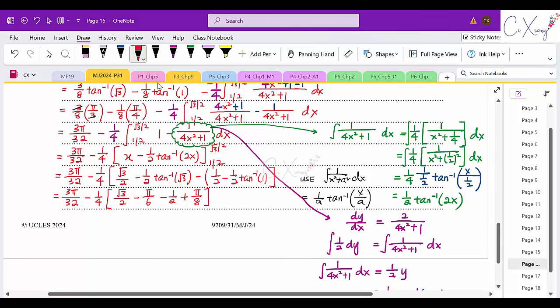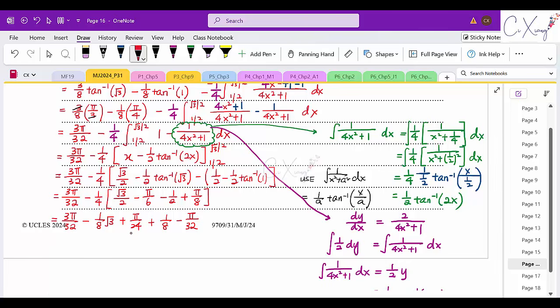Then now, slowly simplify every single term here. So 3 pi over 32 minus 1 over 3, sorry, 1 over 8 root 3, then plus pi over 24, plus 1 over 8, then minus pi over 32. After you expand everything, it should look something like this. You can group all the terms with pi together.